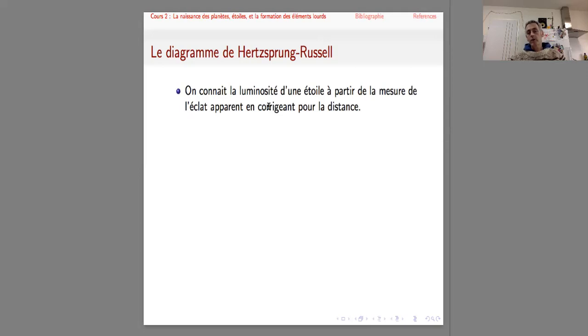The luminosity of a star is a measure of how much energy is emitted by the star, and that will depend on the apparent brightness of the star when we observe it in our telescope, but it also depends on how far away the star is. So we have to measure its distance, for instance, with this parallax method that we described in the first part of this lecture.